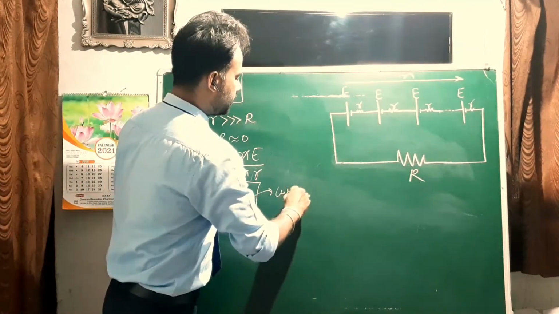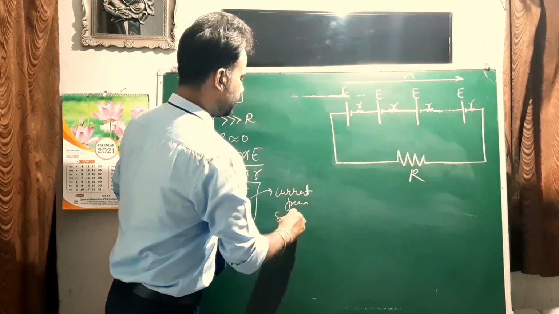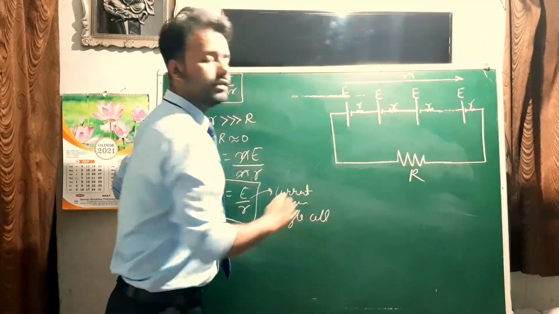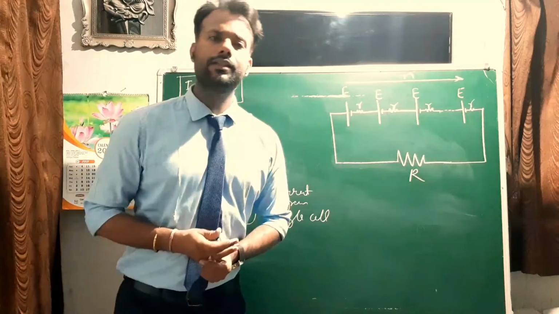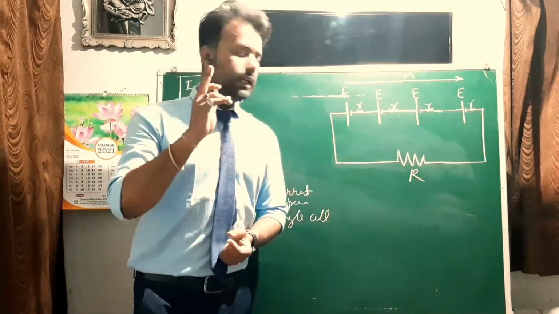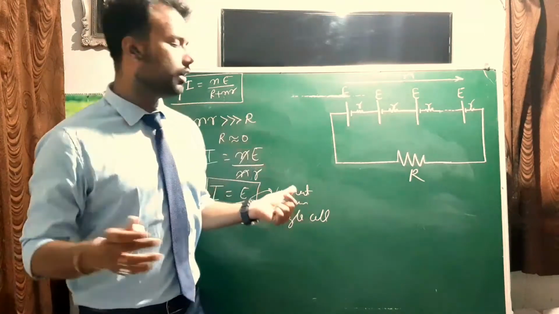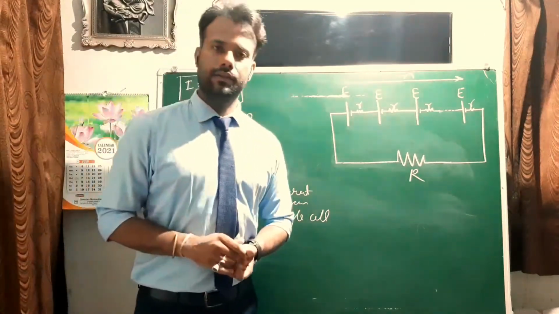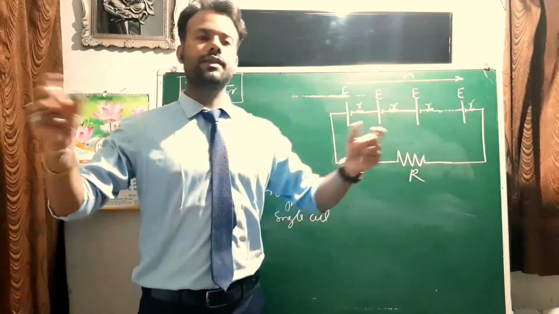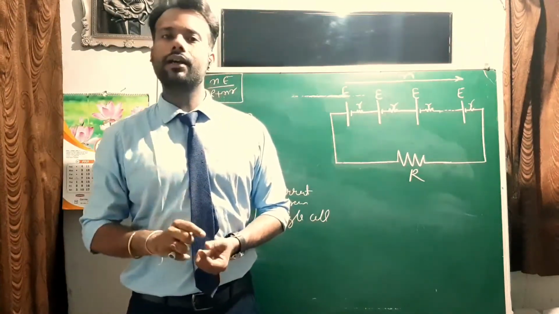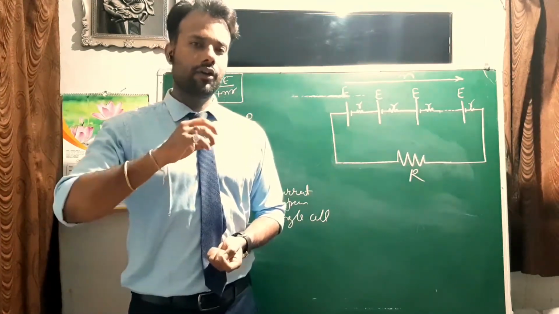the current from a single cell. So what do you understand by this? It means that if the total internal resistance of the circuit is much greater than the external resistance, then even if you connect thousands of cells, you will get a current only equal to the current from one cell.